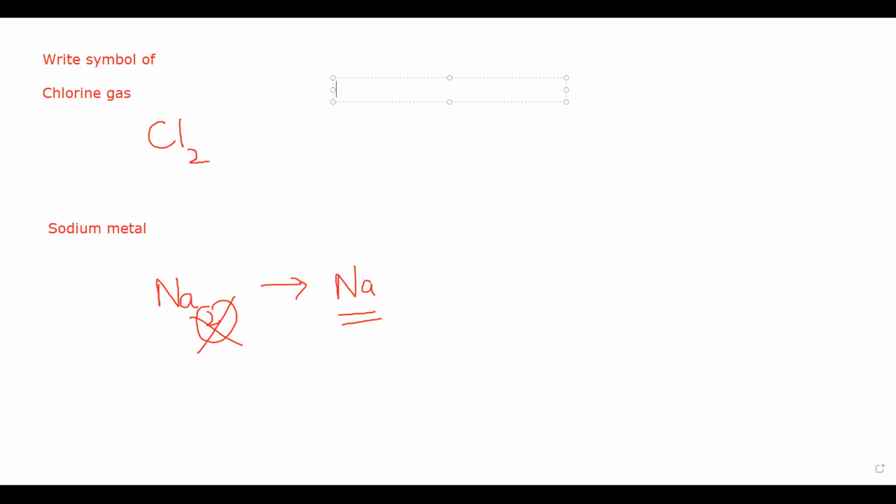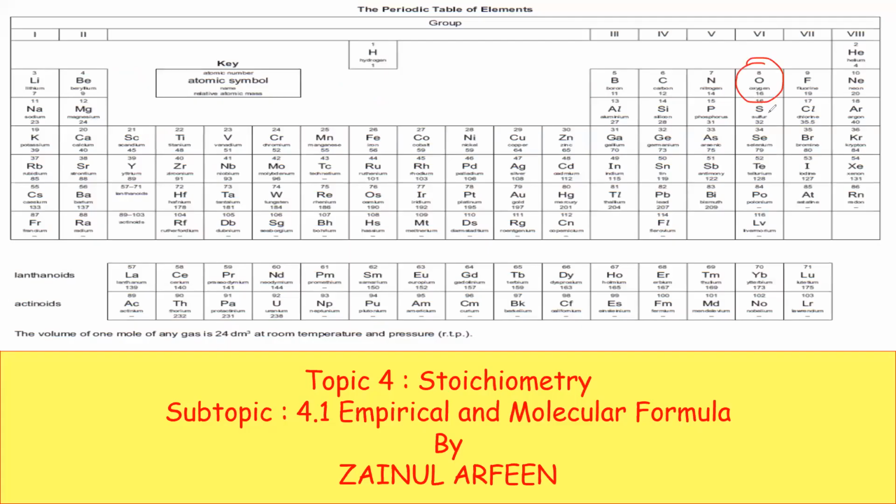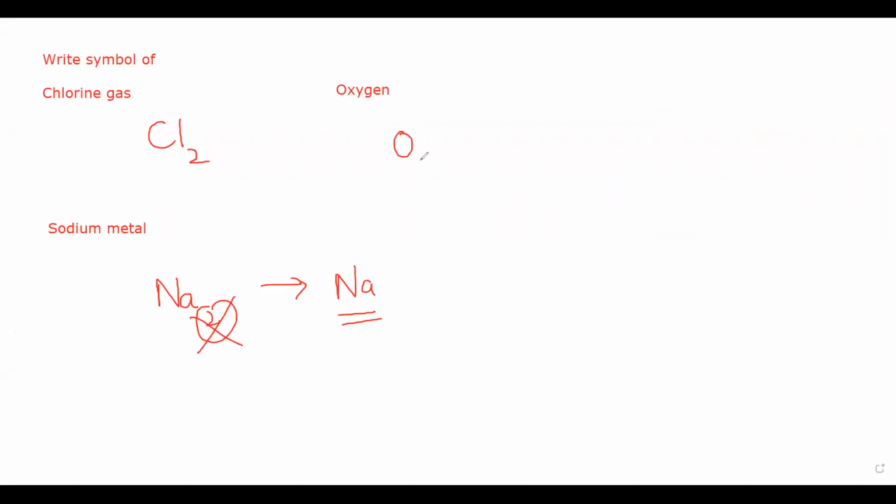So when you check the periodic table, all the symbols are given for atoms, but oxygen is a non-metal, so oxygen does not exist as an atom. In nature, how does it exist? Oxygen exists as a molecule, so we'll write O2.